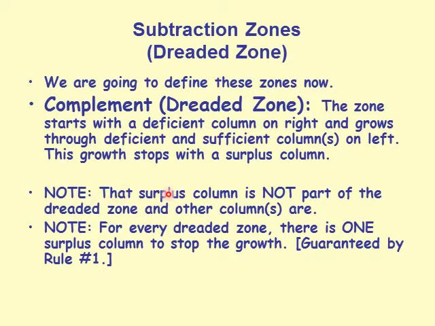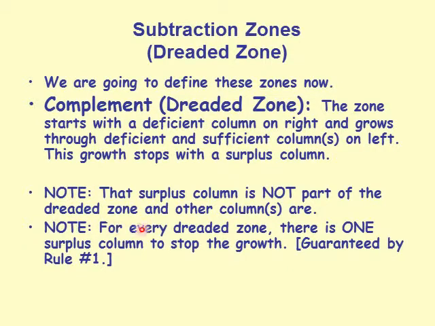Note that the surplus column is not part of the dreaded zone, and all other columns are. So a deficient column on the right, and just left of it all the deficient and sufficient columns are in the dreaded zone, and the surplus column to the left of the dreaded zone is not in the dreaded zone.